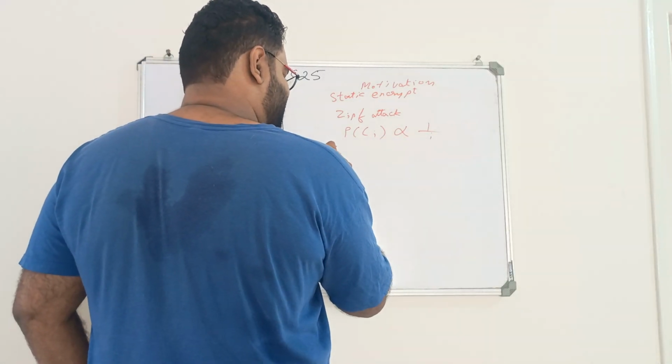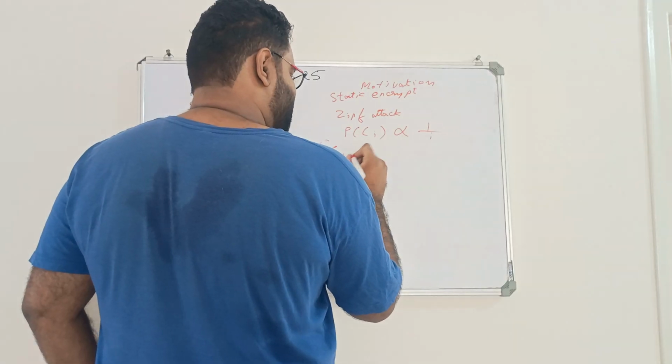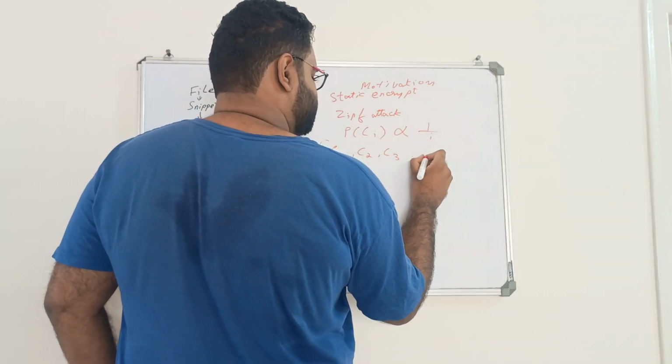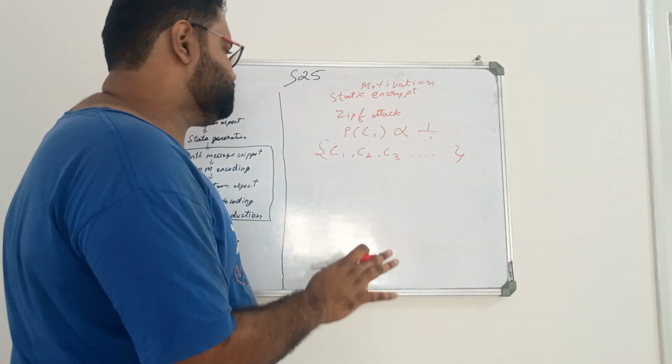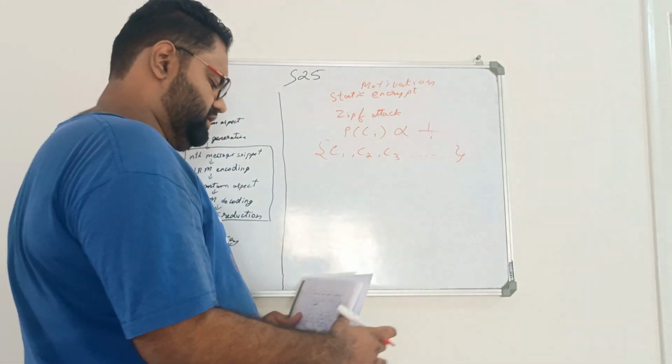I'm considering the arrangement C1, C2, C3 and so on, based on which of them are the most likely.